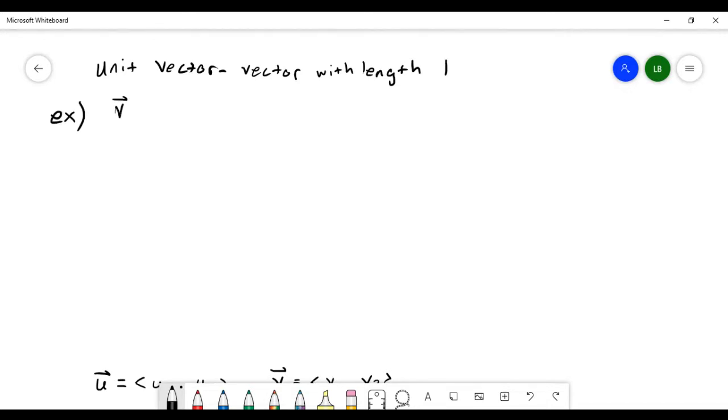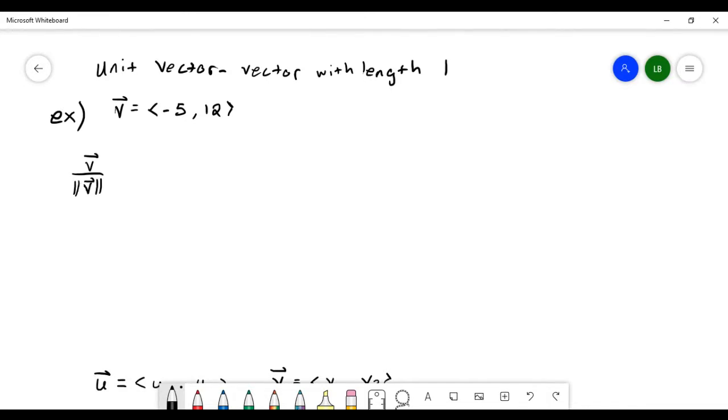Let's say we have a vector v equals -5, 12, and we want to find a unit vector in the same direction as v. Or in other words, we need to find a vector that's of length 1 and points in the same direction as v. Well, the easiest way to do this is to find the vector v divided by the magnitude of v.